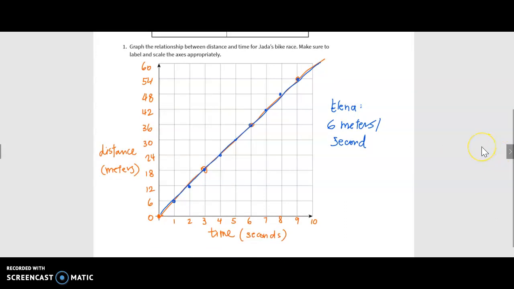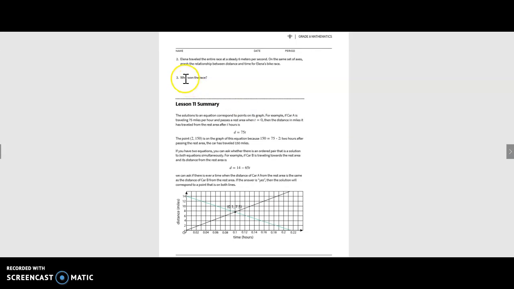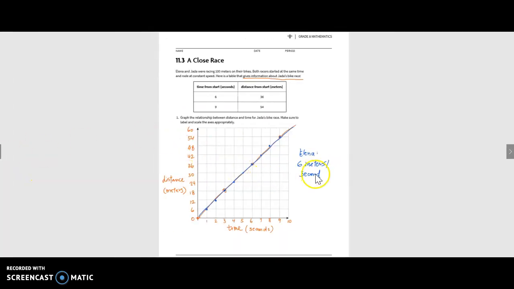So if they are running, they are really running side by side. Last question: who won the race? Since no one is faster and they both have the same speed, the race will be a tie. No one wins, no one loses this race.